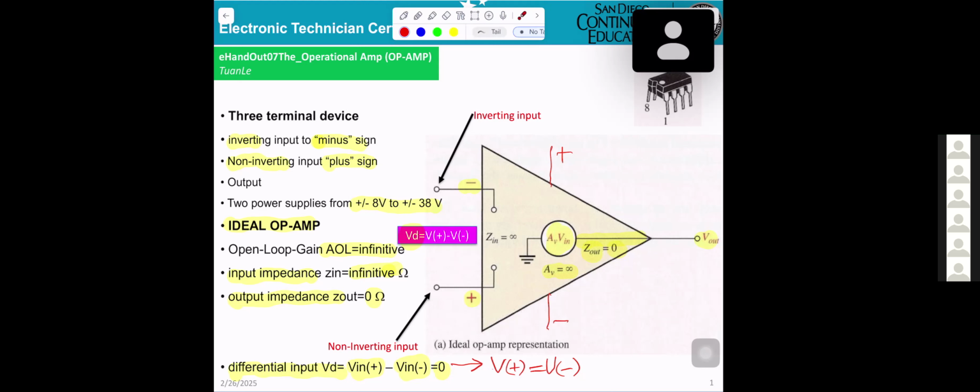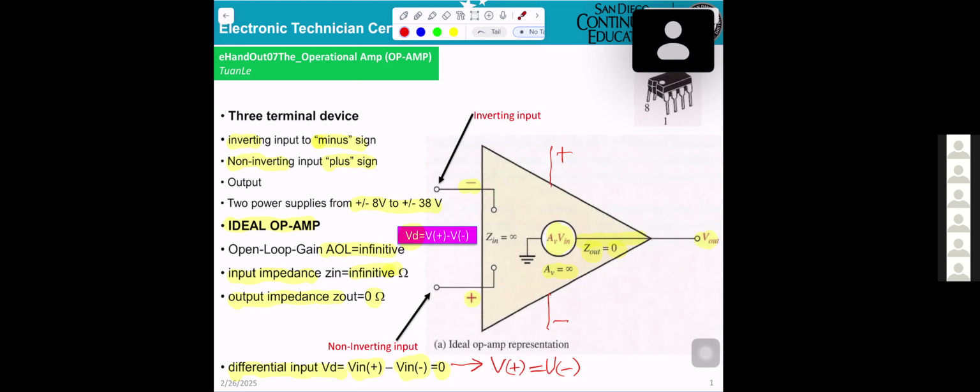Last time we already went over the amplifier operation. This is the amplifier: you get an input at negative and an input at positive. They call those the inverting input and the non-inverting input, and there is one output.